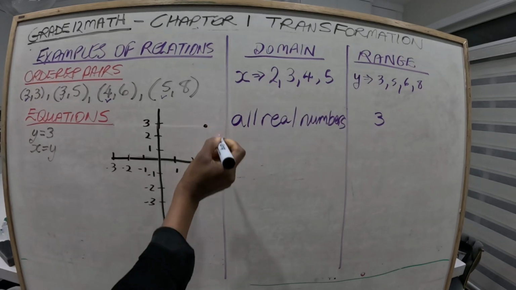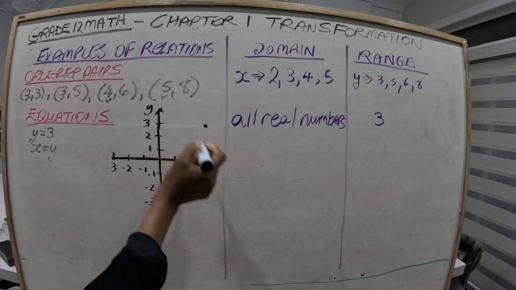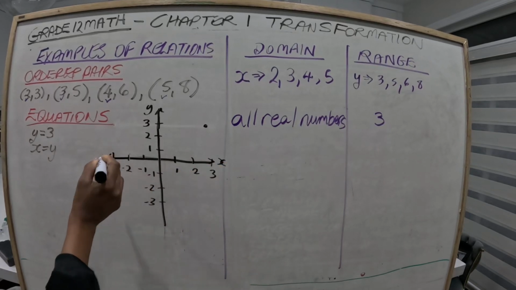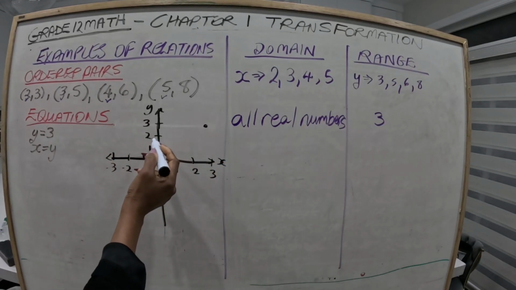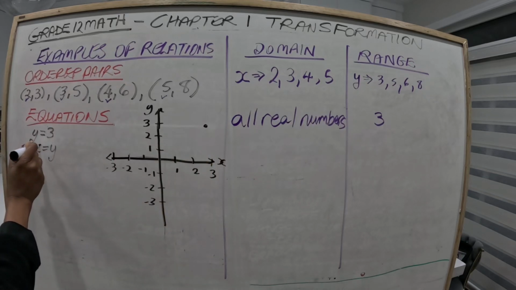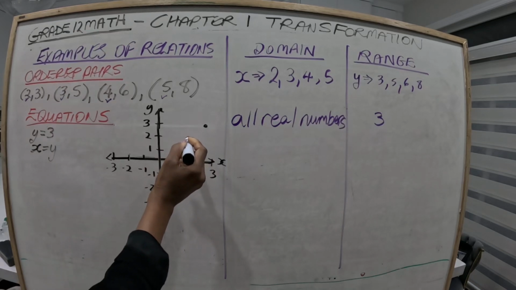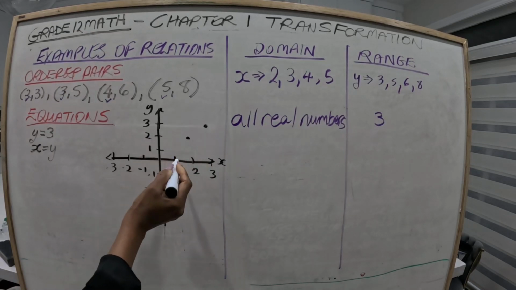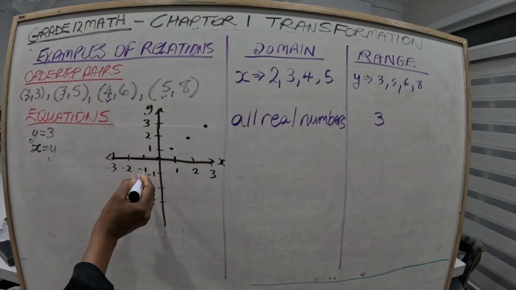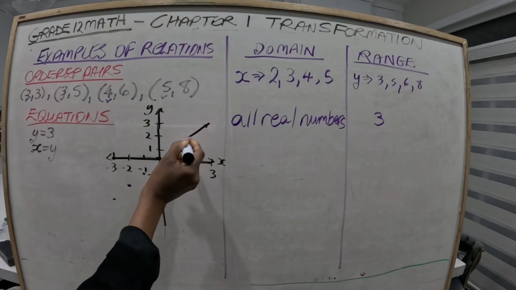So that would be my 3. When y is 3, x is 3. And when y is 2, x is 2. So every time you input x, it must always be equal to y. When x is 2, y is 2. When x is 1, y is 1. When x is 0, y is 0. Same for negative 1, negative 2, negative 3. That means the graph will be like this.